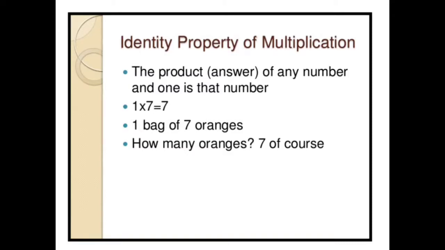Like 158 into 1 is 158. 5892 into 1 is 5892. Whatever number we multiply by 1, our answer is always the number itself. Like one bag of 7 oranges. So how many oranges? Of course 7, because 7 into 1 is 7.